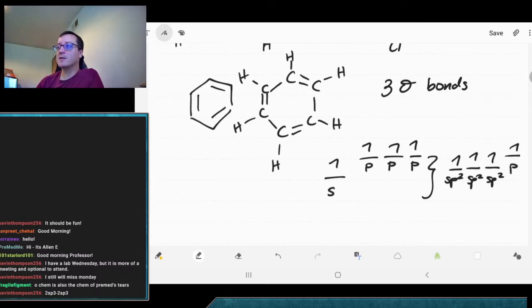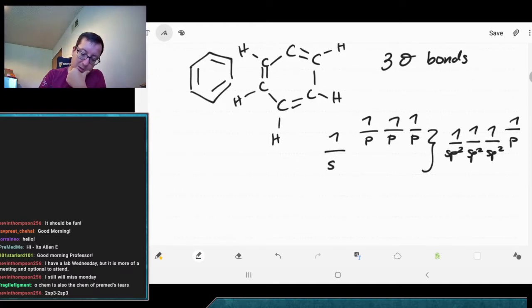So we're going to see that we're going to have that extra p orbital that's going to make our pi bond later on. And so we only need to fuse kind of that s orbital with 2 of the p orbitals. And now we have 3 sp2 orbitals of equal energy and 1 higher energy p orbital.